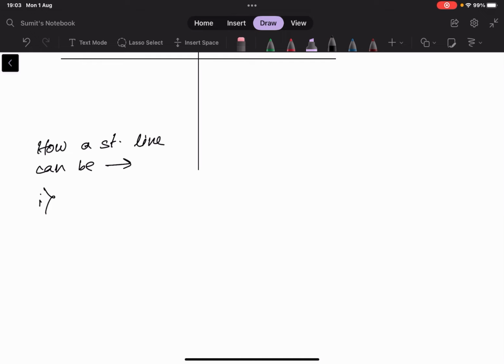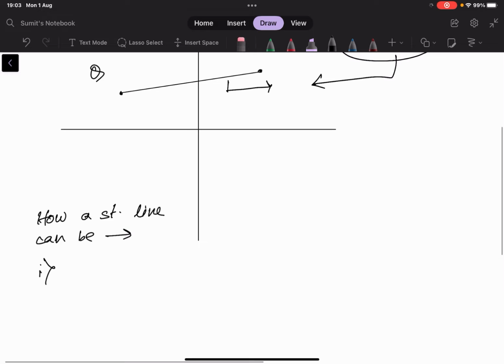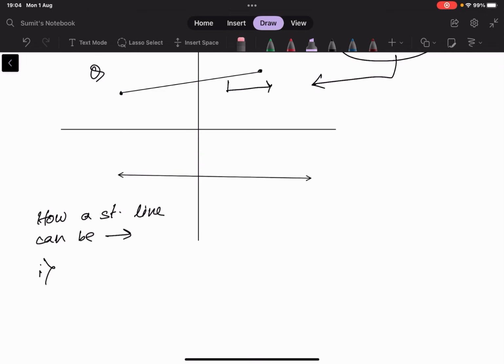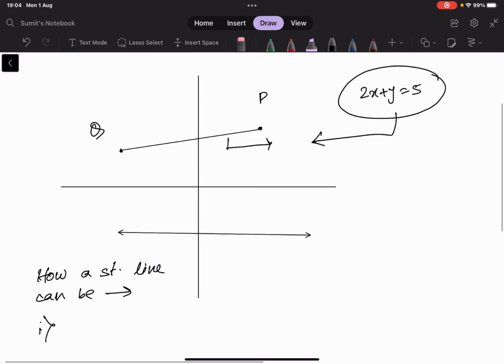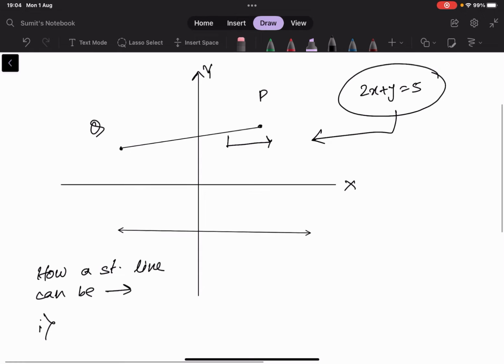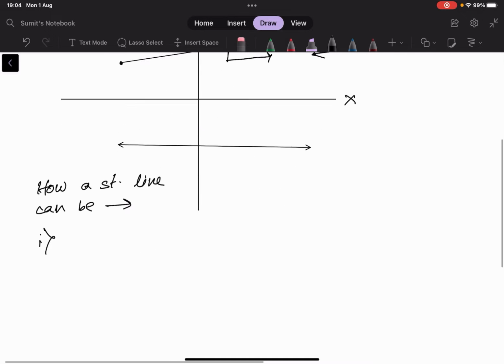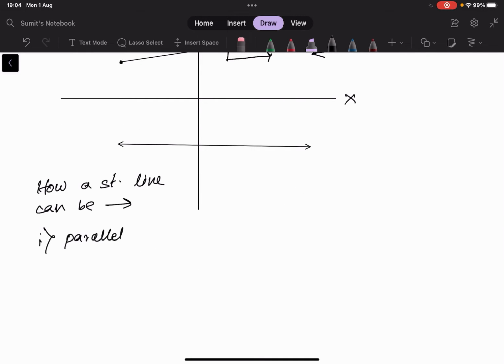What are the ways a straight line can appear in a graph? Number one, you can see that a straight line we can draw like this, like this. What is the type of straight line? This straight line is parallel to the x-axis.